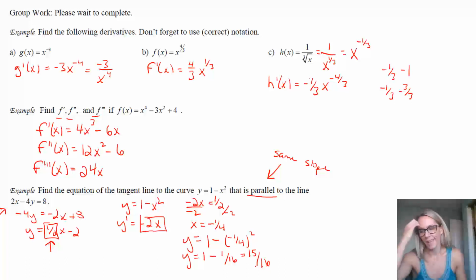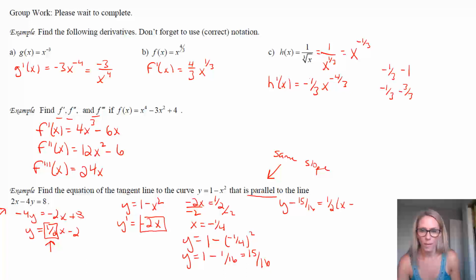So here we are. Now that we have our point and we have our slope, we're ready to find the equation of that line. So we have everything that we need. So I'm going to go y minus 15/16 equals my slope, which is 1/2, times x minus negative 1/4, so that's x plus 1/4.